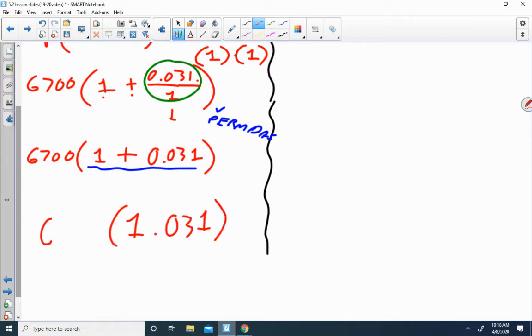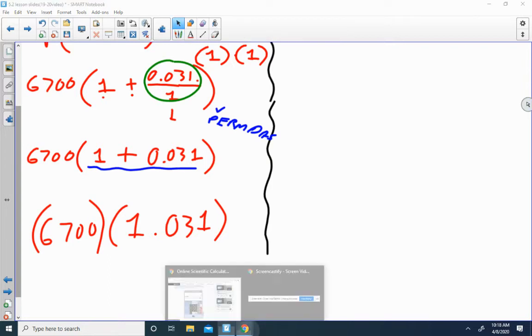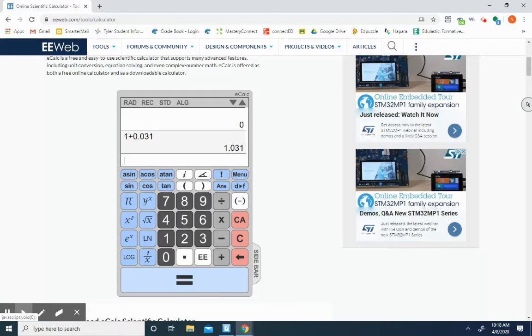Now I just have to multiply that by 6,700. I'll take the previous answer and multiply by 6,700, and that gives us our amount. Our amount is $6,907.70.